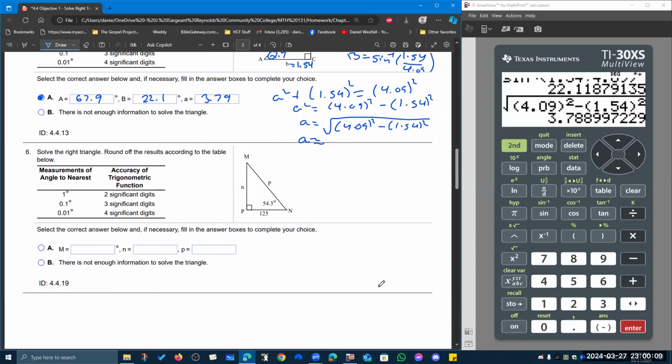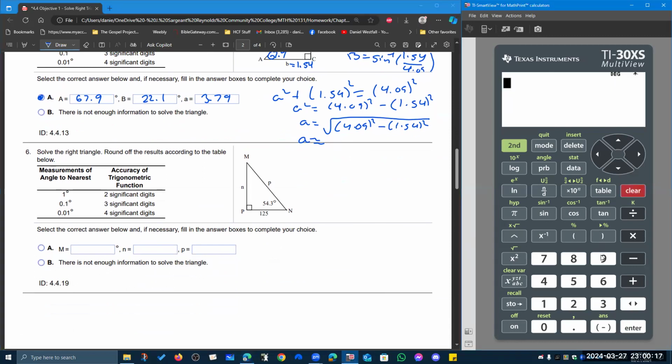We're given this angle as 54.3 degrees. So 90 minus 54.3, we're going to find this angle up here to be 35.7.